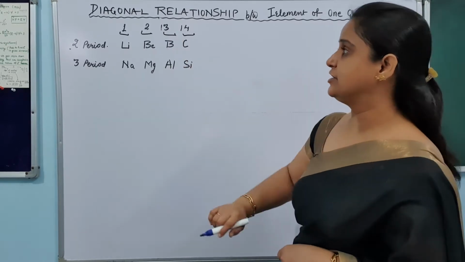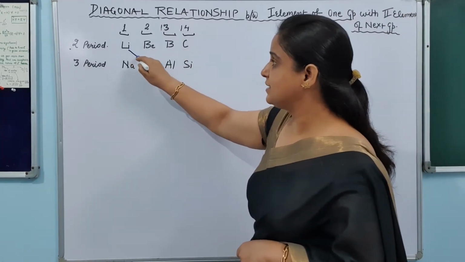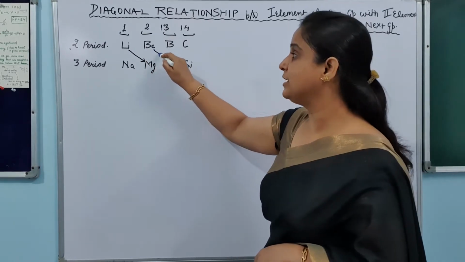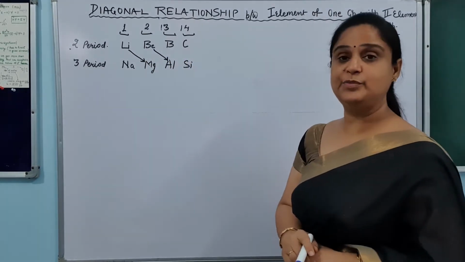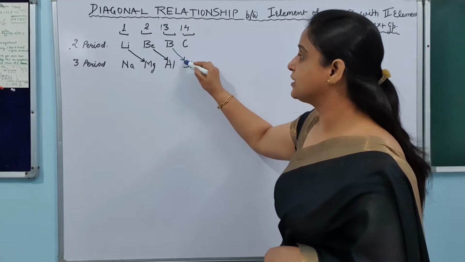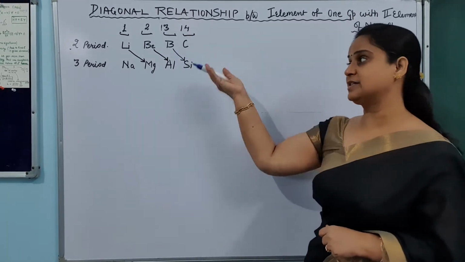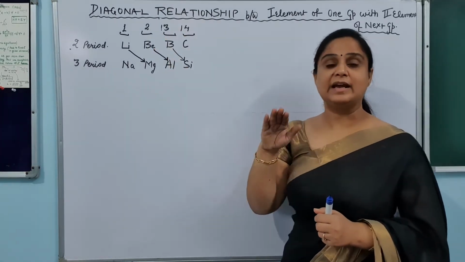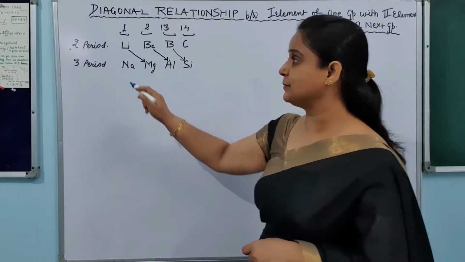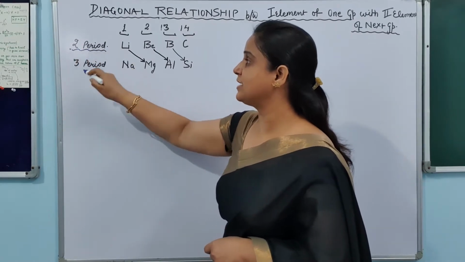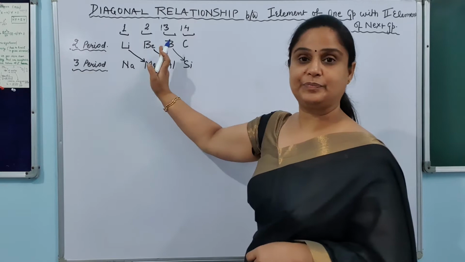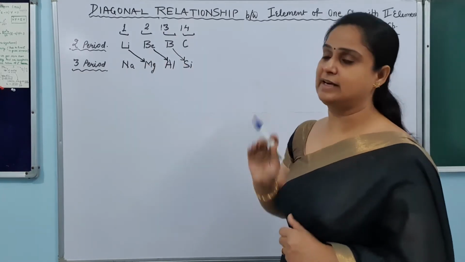Diagonal relationship means this: lithium shows similarity in its properties with magnesium, beryllium shows similarity with aluminium, and boron shows properties like silicon. You can see this diagonal relationship is between a second period element and a third period element of the next group.